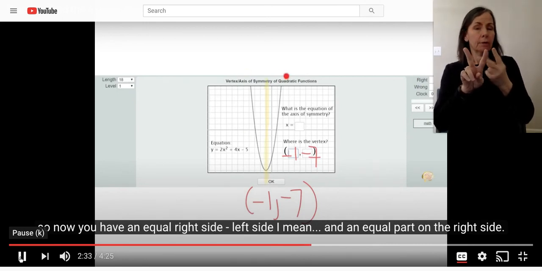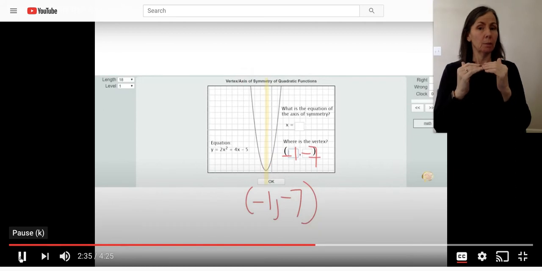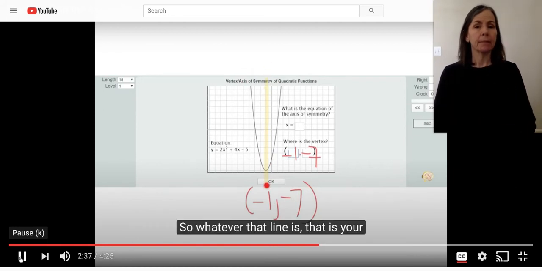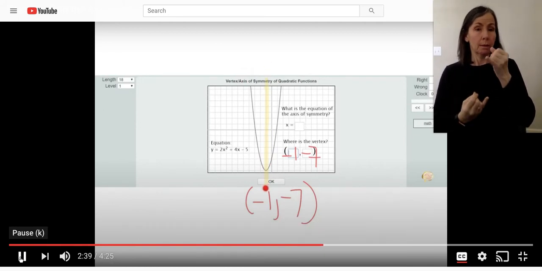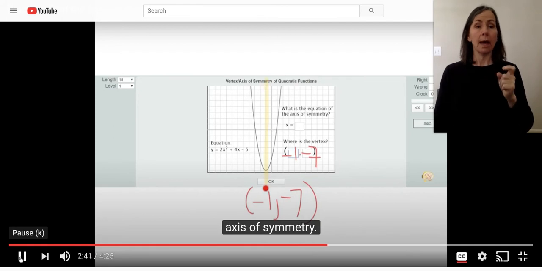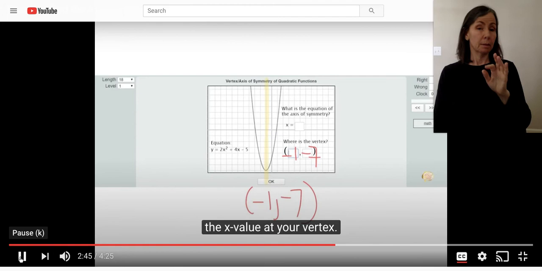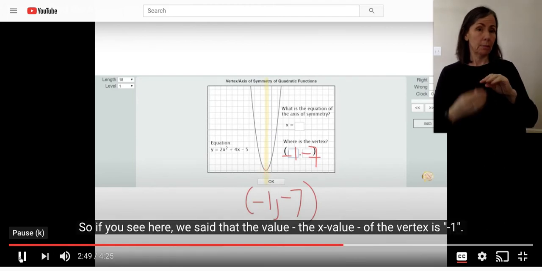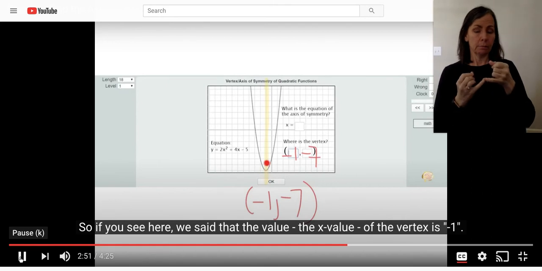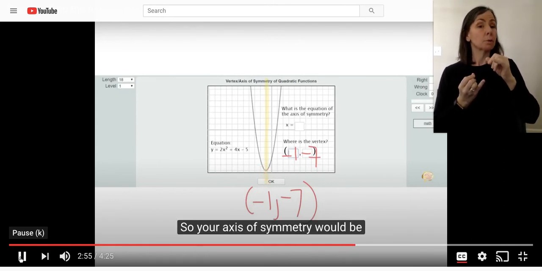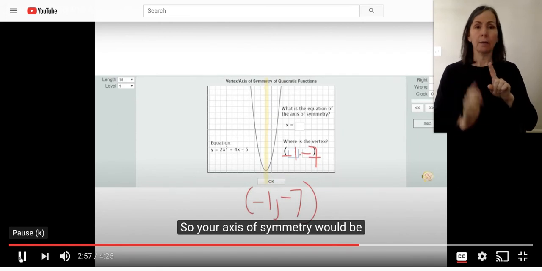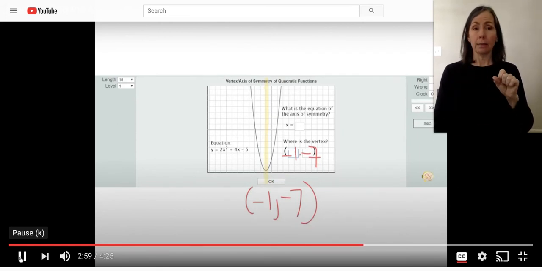Whatever that line is, that is your axis of symmetry. The axis of symmetry here would be the x value at your vertex. We said that the x value of the vertex is -1, so your axis of symmetry would be -1.